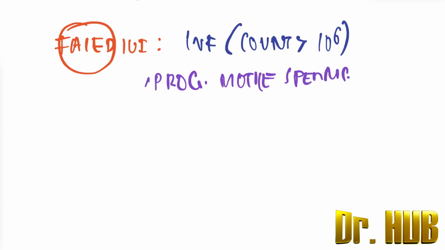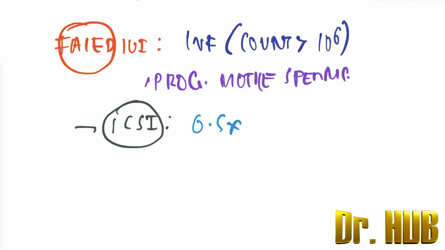Next is ICSI, if the count is 0.5 into 10 to the power 6, and in progressive sperms.